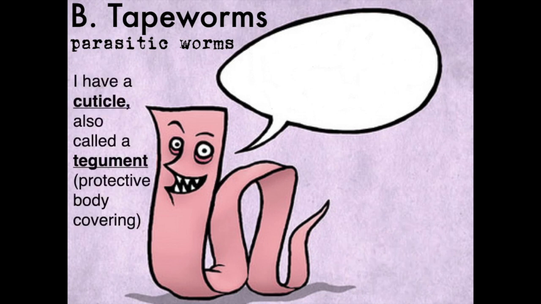Tapeworms also, because they're in the host's intestines, have a protective covering called a cuticle. This protective covering allows it to survive the harsh environment of an acidic intestine. Now, this cuticle is also called a tegument. So I will take either term, cuticle or tegument.